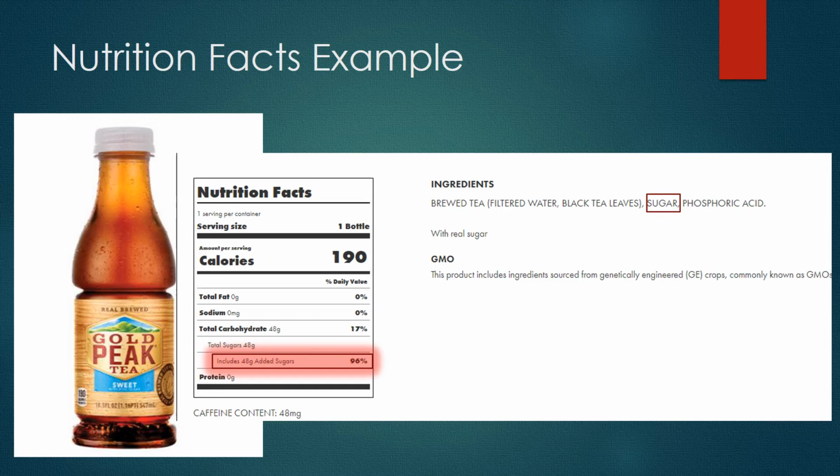In this example, it provides approximately 12 teaspoons of added sugar in 1 bottle. Reviewing the ingredients, we first see brewed tea, which consists of filtered water and black tea leaves. The second most abundant ingredient is sugar.